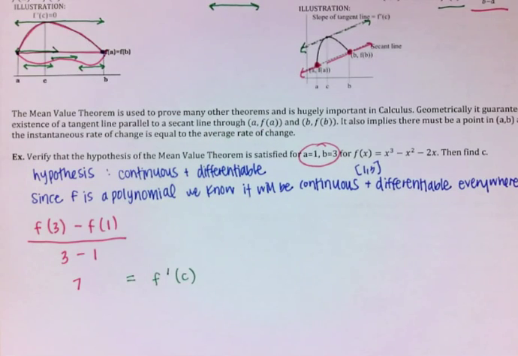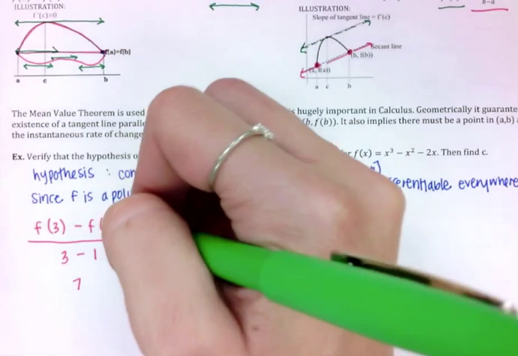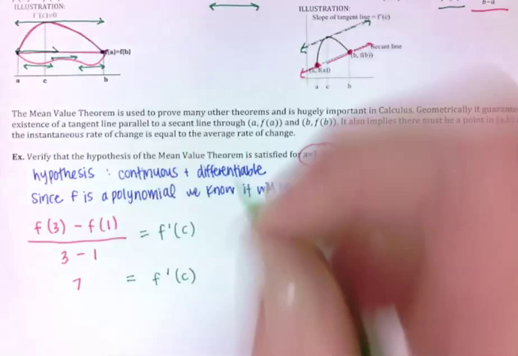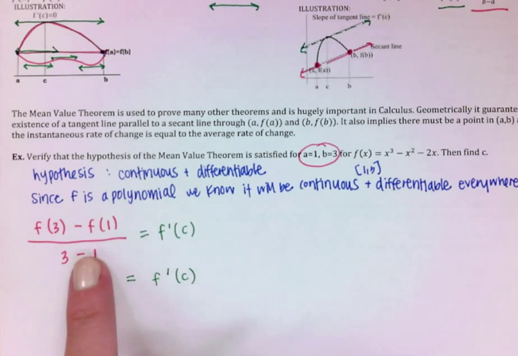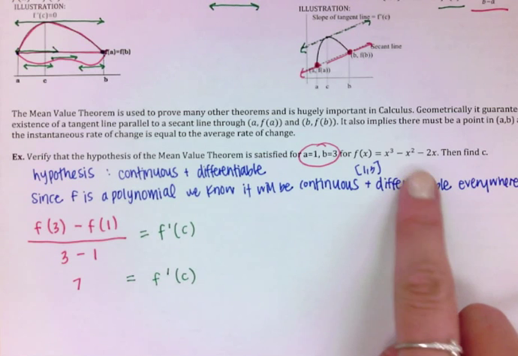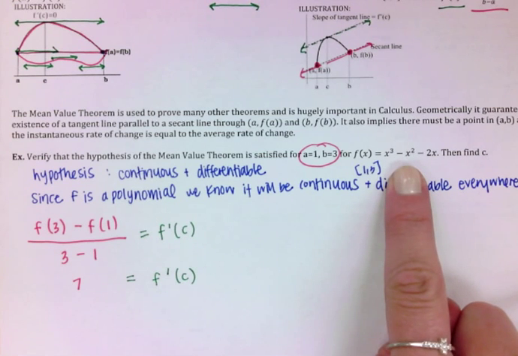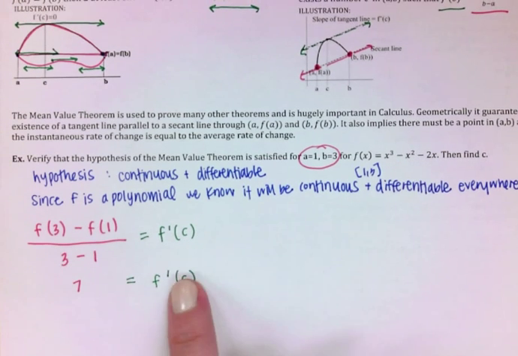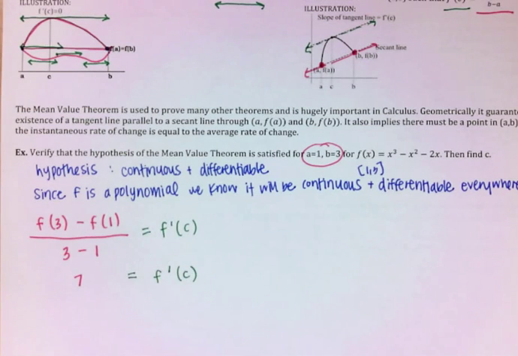And remember, that's your theorem: f prime of c is equal to the average rate of change. We know the average rate of change is 7 because we can plug numbers in, subtract, and then divide. Yay! So now we need to find our instantaneous rate of change.